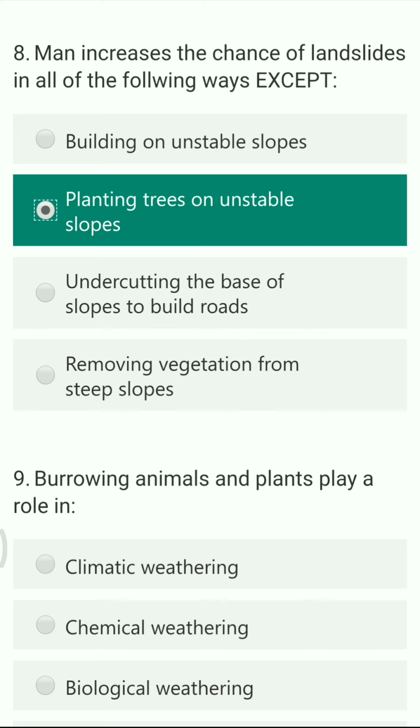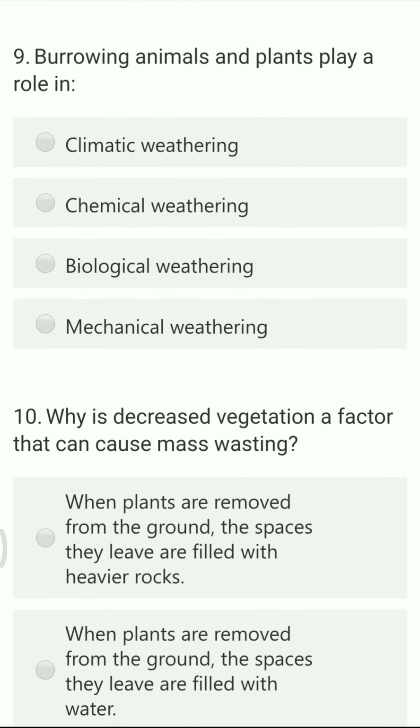Undercutting the base of the slope gives more chances of landslide. Removing the vegetation leaves nothing as an obstacle for running water or soil, so landslides will be more. Only planting trees is the exception. All the other reasons increase the chances of landslide.